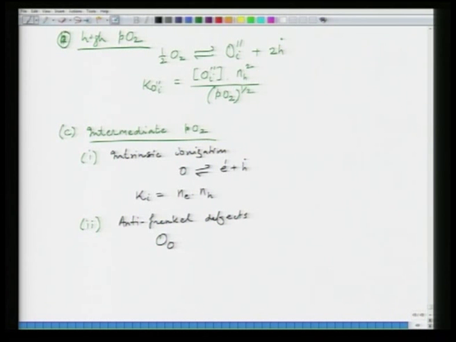The reaction here would be OO is equal to OI plus VO. So, basically what you can see here is the defects that we have considered at higher and lower PO2s have to be in accordance with the defects presented in stoichiometric conditions as well, so that you get continuity in the defect concentration as a function of partial pressure of oxygen.